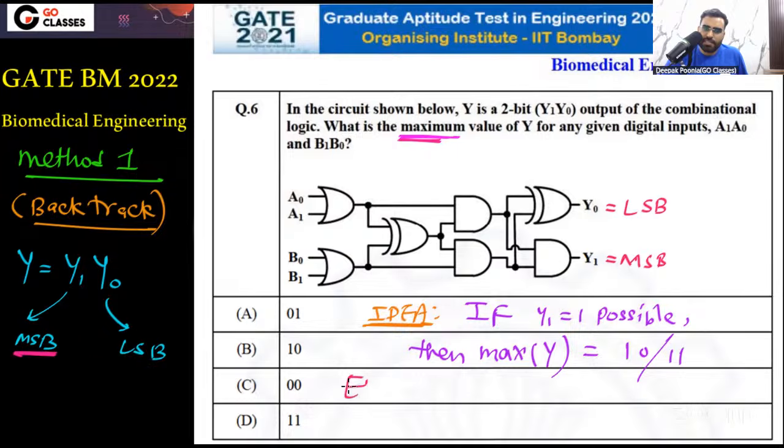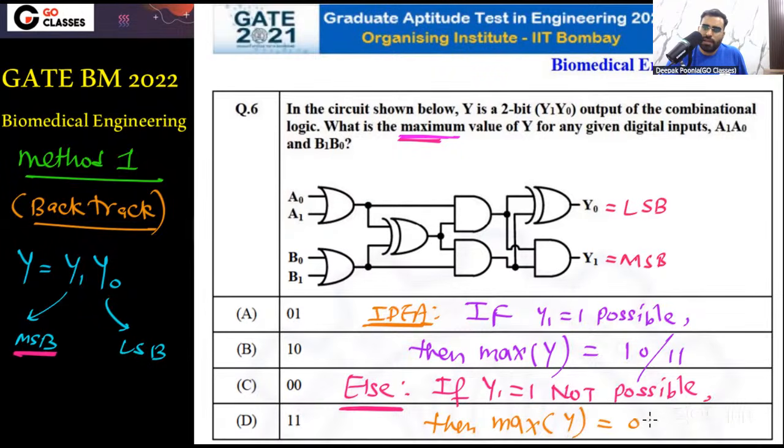Else, if Y1 equal to 1 is not possible, if I cannot make Y1 equal to 1, then it means that Y1 is 0. Yes or no? Then the maximum value of Y possible will be either 0 0 or 0 1. This is the idea. I hope you understood.